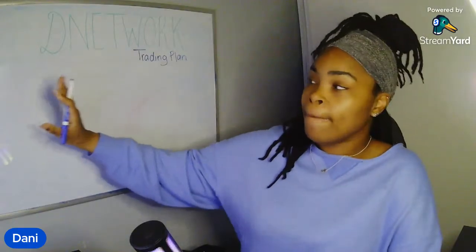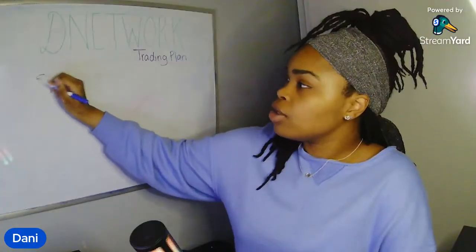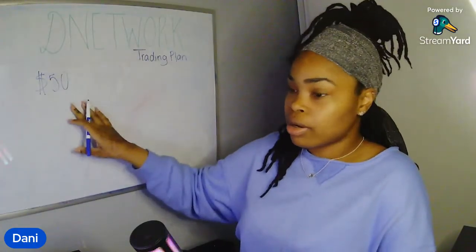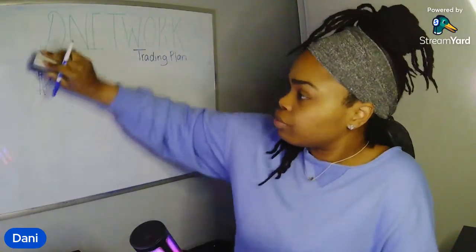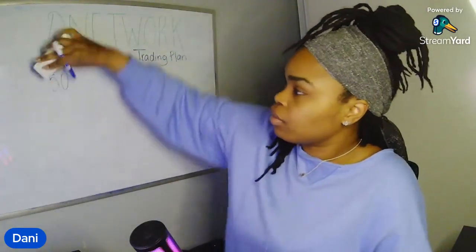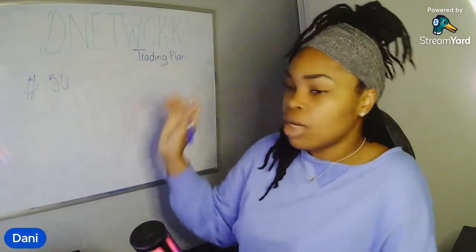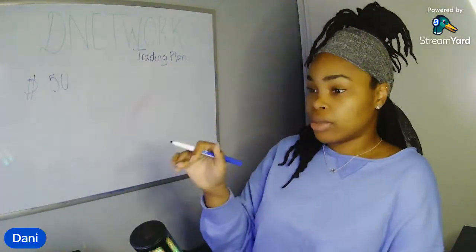Now, we're going to start with 3 different account types. You have a $50 account. We're going to start with a small $50 account. The first thing you want to do is move your decimal 3 spaces to the left, always.